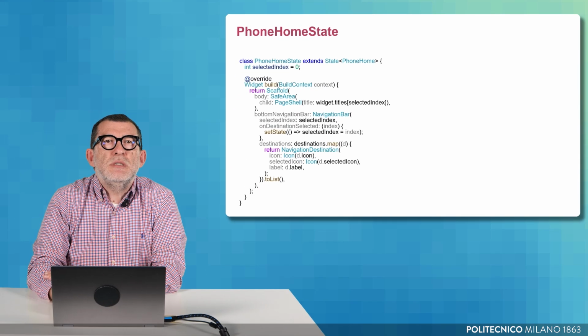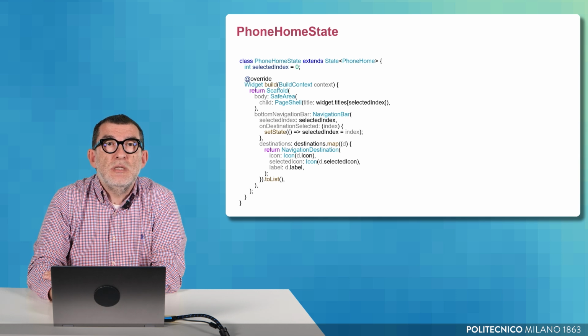The three destinations are defined in a simple way. We reuse the initial destinations list declared in data.dart, and we map it so that we create three different NavigationDestination widgets. The code is therefore quite compact and avoids unnecessary duplications.